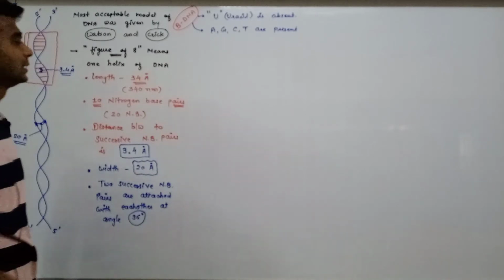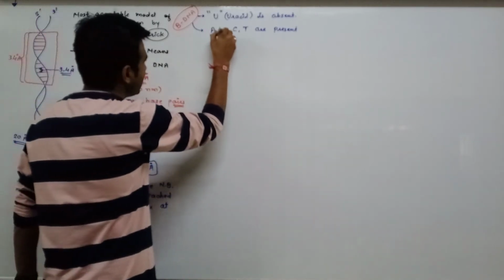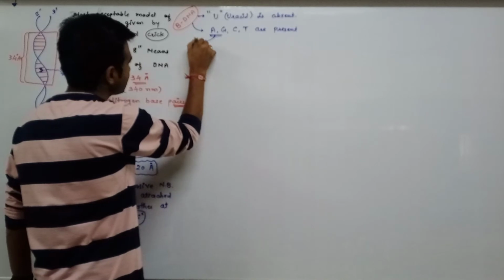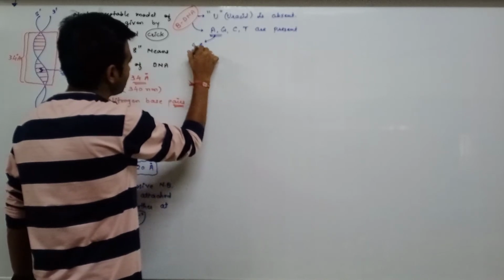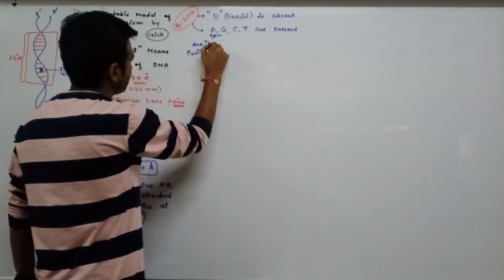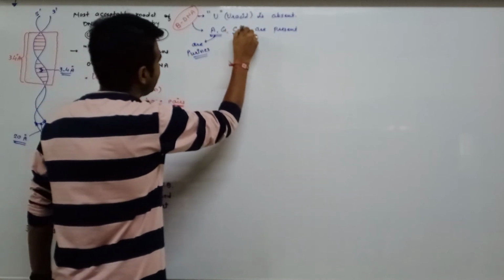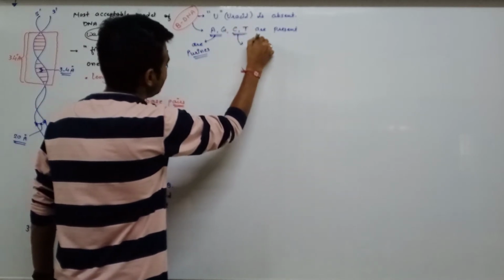You know that adenine and guanine are purines. Cytosine and thymine are pyrimidines.